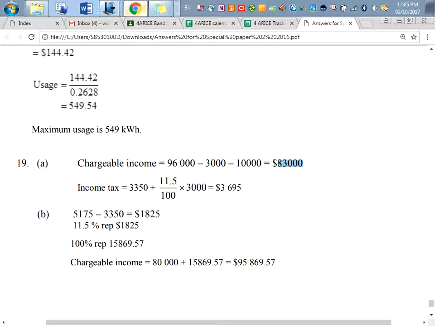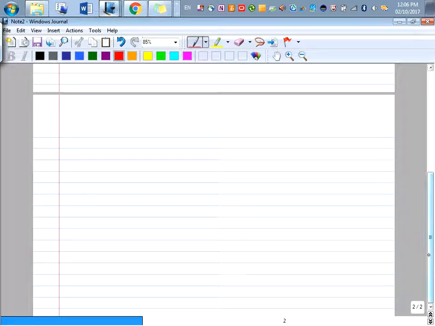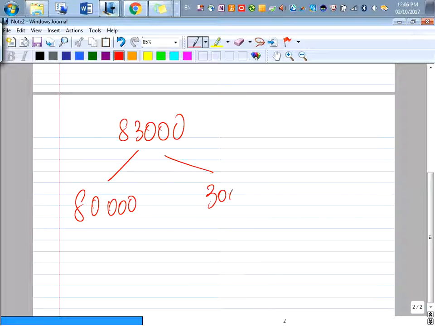So we need to find out which tier Sarah falls into. She falls into the fourth tier, where we have the first $80,000 taxed how much? The next $80,000 taxed how much? Okay, so this $83,000 that she earned is divided into $80,000 and $3,000.